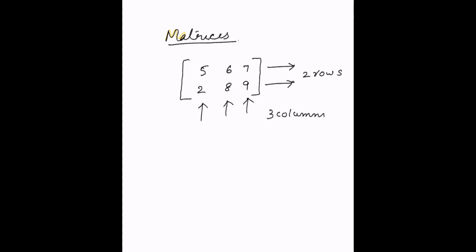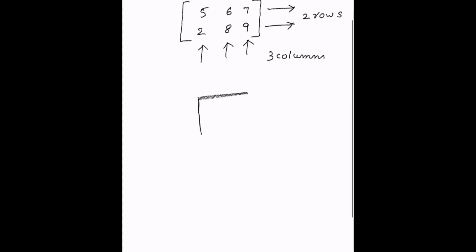You know how to count rows in your notebook, right? The column concept comes in when it is vertically divided. So here I can say it has got 3 columns.